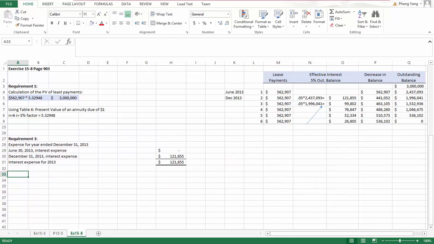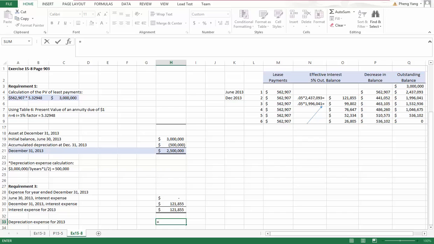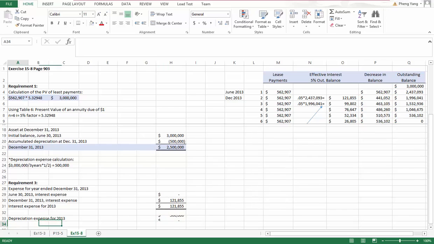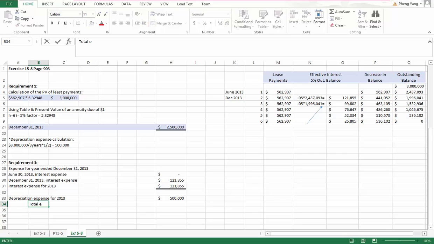We also have to accrue for depreciation. And the depreciation we calculated from above was $500,000 here. So my total expenses for 2013 would be the $121,855 and the $500,000.